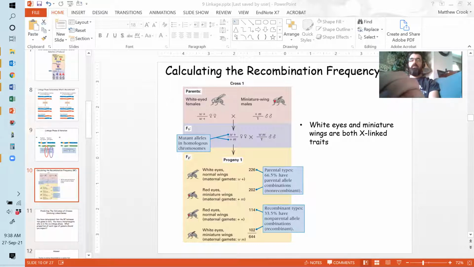So map distance equals number of recombinant offspring divided by total offspring, times 100.